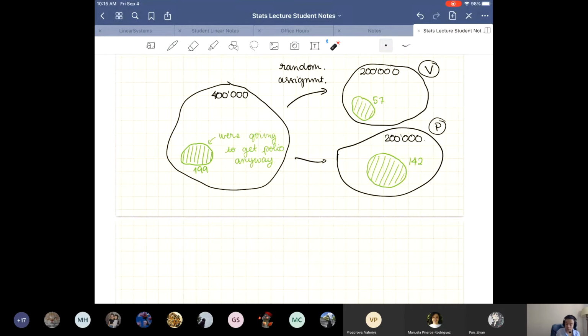All right, so I'm going to try to determine if it's likely, and if it's likely, then that means that this is pretty okay. And so the fact that there's a low number here is not due to the vaccine, but just due to random chance. But if this split over here is very uncommon, if it's very unlikely that I get such a low number in the vaccinated group just by random assignment, then that means that the reason that this number was low was not the random assignment, but rather the fact that the vaccine works.